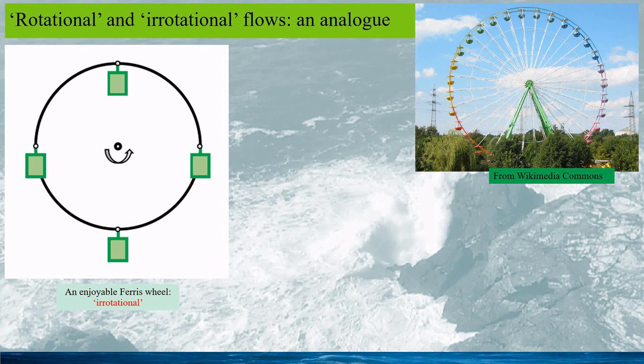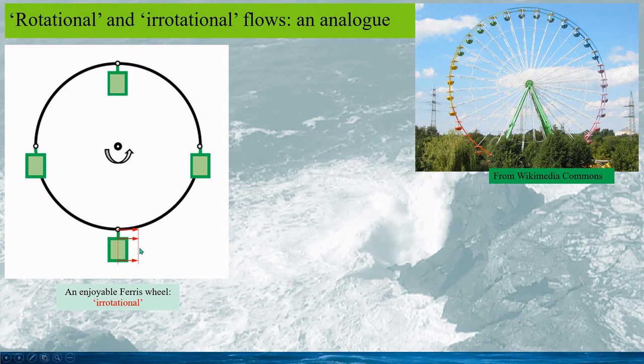People in the capsule can feel there is no rotating motion. The capsules move very similar to the irrotational flow. The capsules move with the wheel, but do not rotate around their own axis.